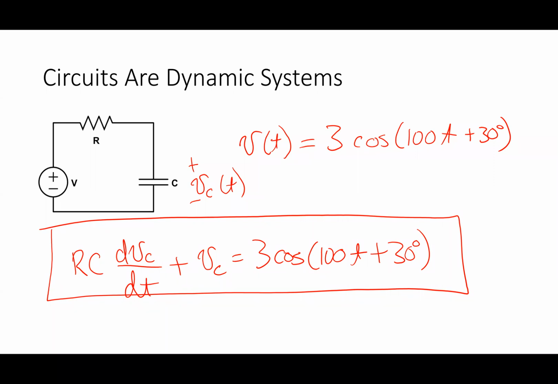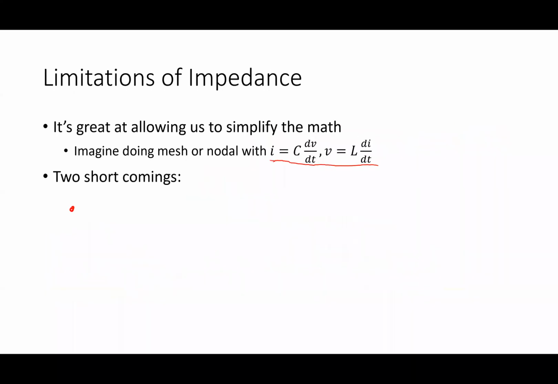Say steady state, because you care about steady state. If I see you in 10 years from now on the street and I ask you what you learned, the one thing I hope it will be is that impedance gives me only the steady state solution. All right. That's just a key point, right? Two shortcomings. Doesn't solve for transient.